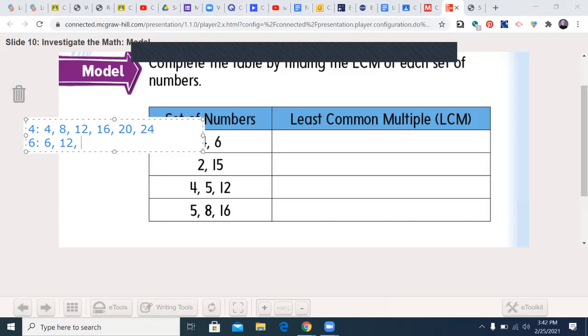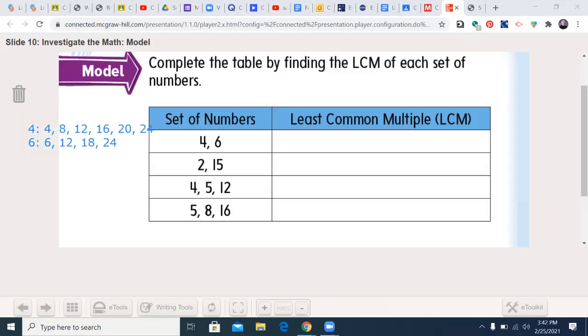Ooh, I see a combination. Even though if I went all the way out to 4 times 6 and get to 24, I look up and I see that I have 12 and 12 together. So my least common multiple is 12.